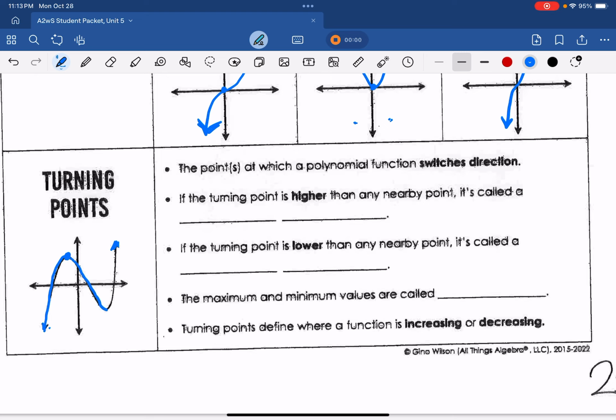It hits a point down here where it changes direction, and it turns, and it starts to come back up. So these are what we call the turning points of the graph. The points at which the polynomial function switches direction are called the turning points. If the turning point is higher than any other point nearby, we call it a relative maximum.